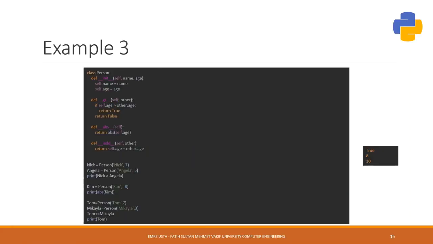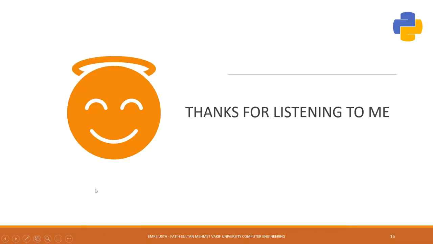Example 3. We can have a class Person with greater method, absolute value method and add method. Okay.